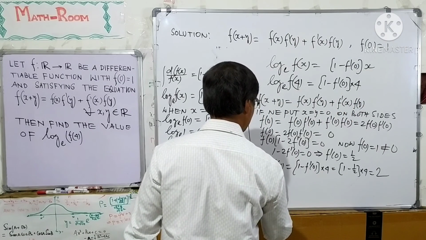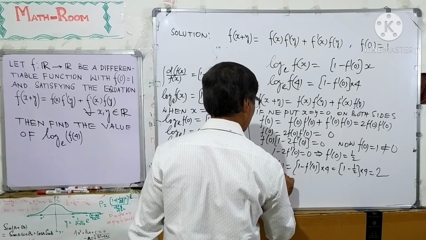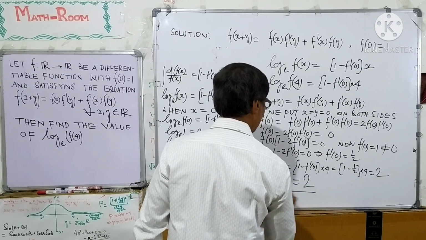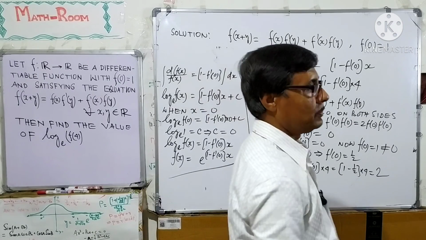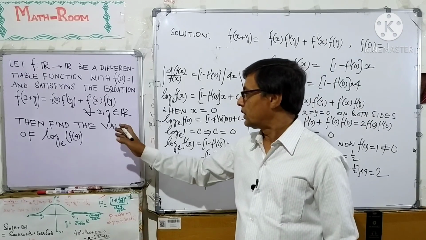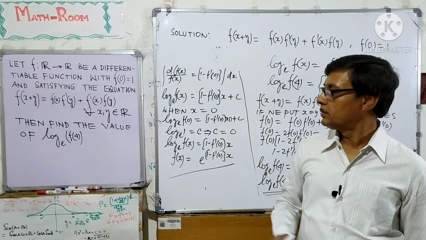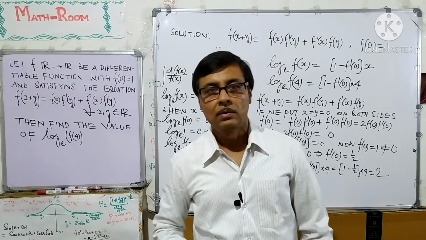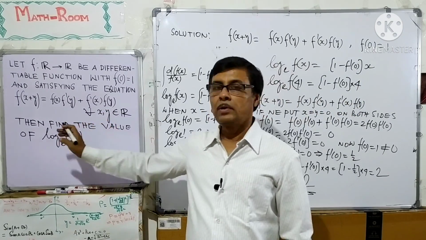So, natural logarithm f of 4 equal to 2. This is the result. We have found the value of natural logarithm f of 4, which is 2.